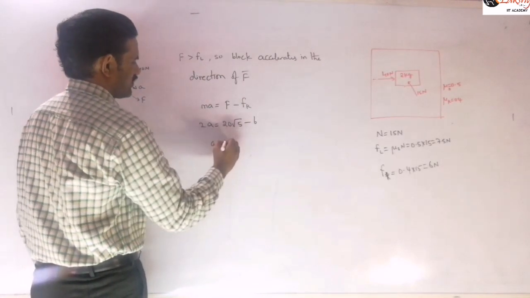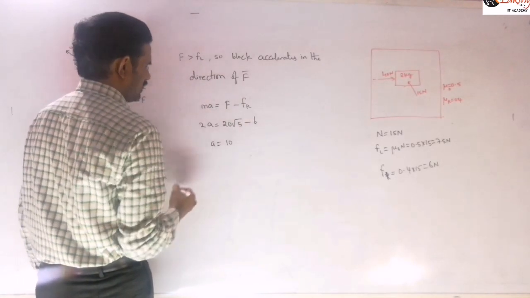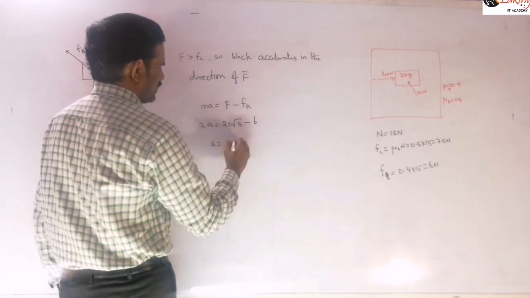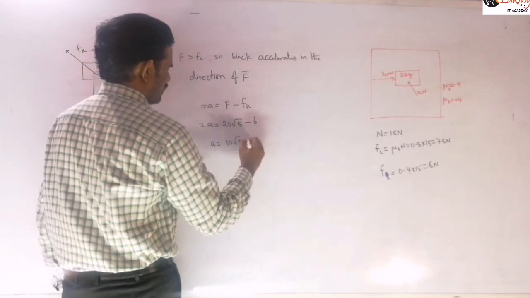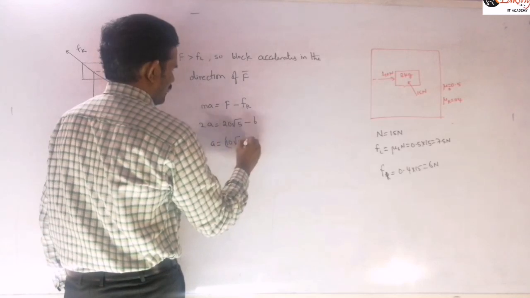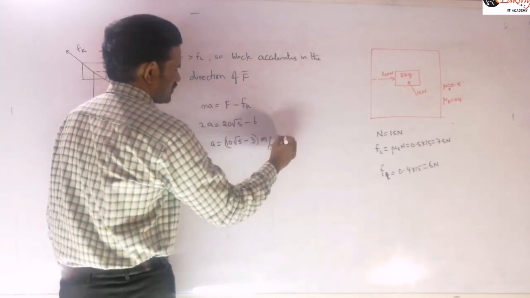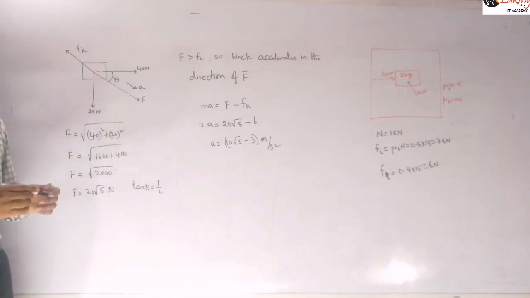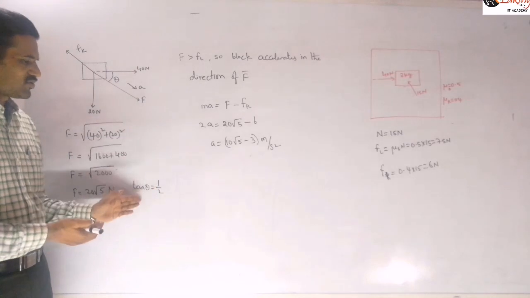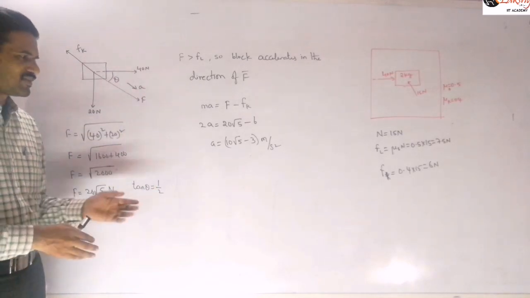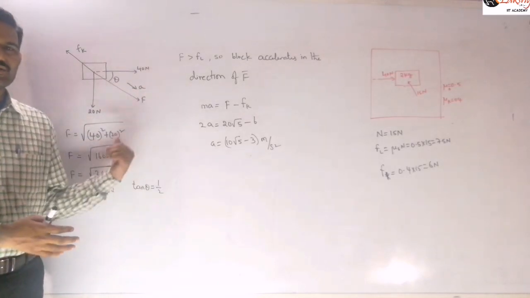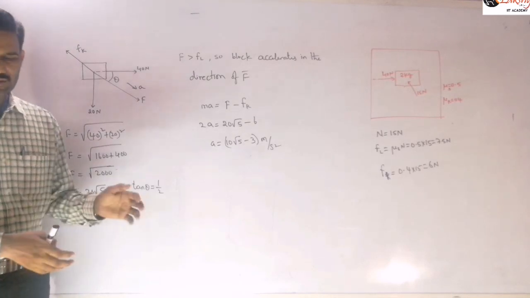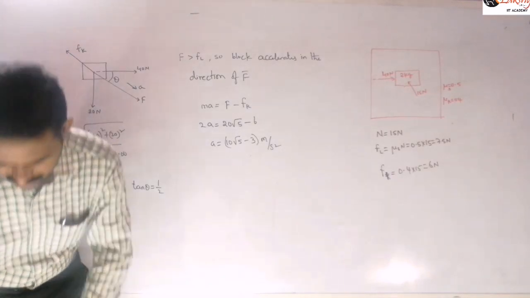Therefore the acceleration of the system will be 10 root 5 minus 3 meter per second square. So this will be the acceleration of the system here. The acceleration of the block will be along that direction, and sometimes they ask for the components, then you can resolve this by taking this angle here. That means A cos theta is the x component and A sin theta is the y component, right? So that is that problem.